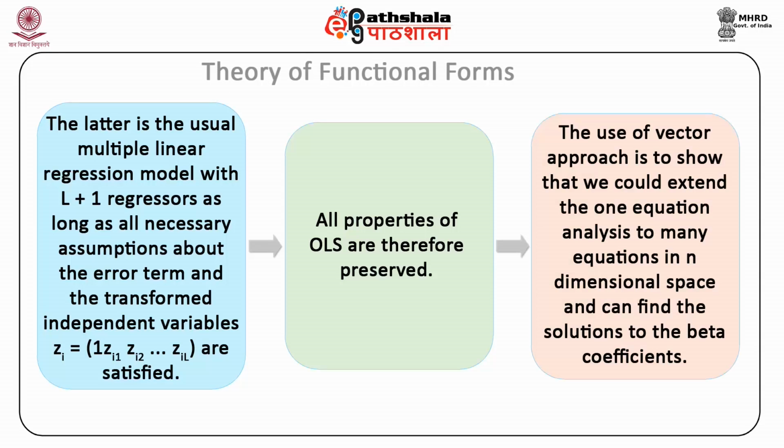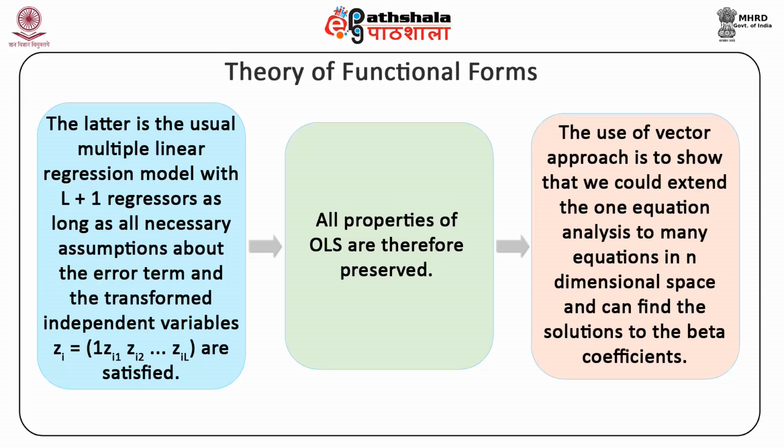The use of the vector approach is to show that we could extend the one equation analysis to many equations in n-dimensional space and can find the solutions to the beta coefficients. Coming back to the one regression equation model, we consider below some of the other functional forms.